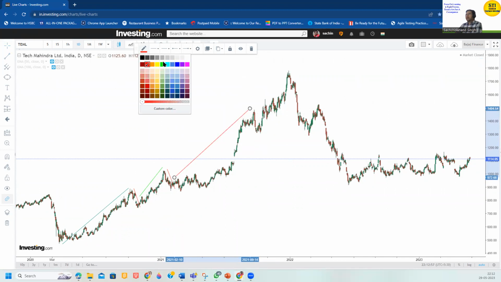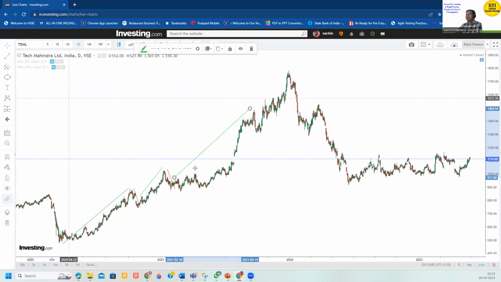It moves up and takes some rest in between.